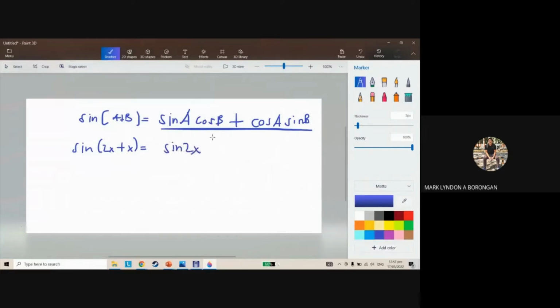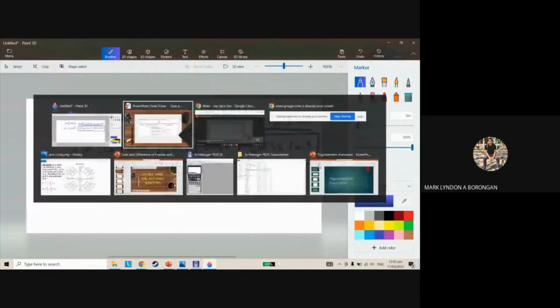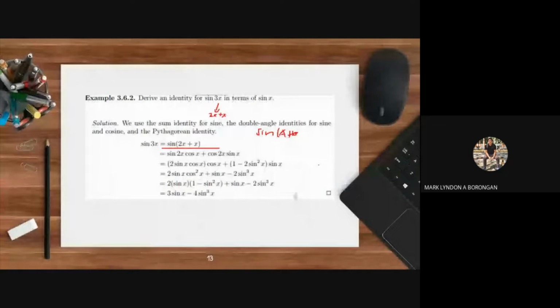Atong cosine of B will become cos of x plus cosine of A. So that will be cosine of 2x. And then atong sine of B will be sine of x. So muna siya ang atuang ma-transform niya, no? Ma-derive na rin nato siya. So that's why nahimo siyang sine of 2x multiplied by cosine of x plus cos of 2x multiplied by sine x.